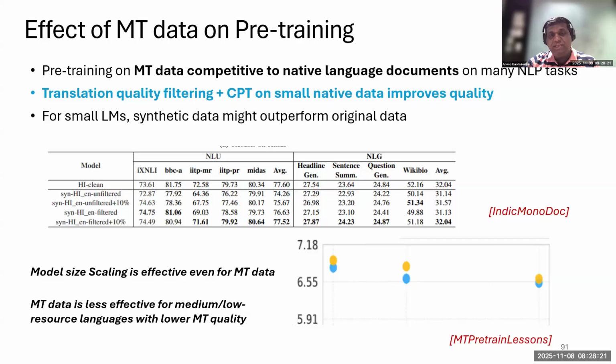As you increase the model size, you see improvement in the quality of the models even with MT data. Now, as you might imagine, if the language is low resource or medium resource and the MT quality is not that great, then MT data is less effective.